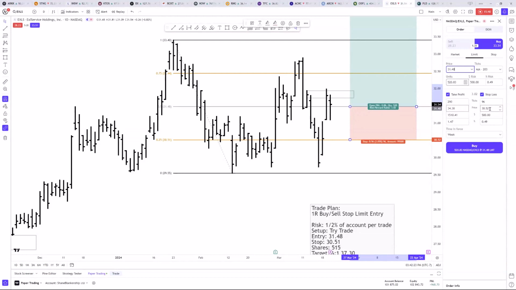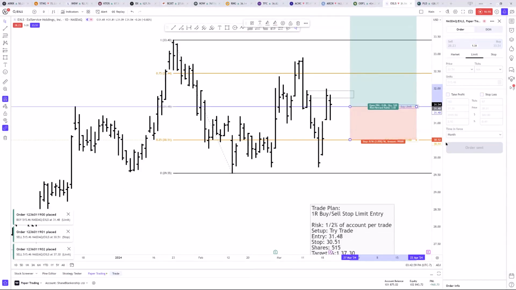So it's going to be 30.51. So let's just tighten this up to 51. The target is going to be 37.30. The entry is going to be a limit at 31.48. And we're risking 0.5%, which is going to be $500. And that should give us 515. Okay, so we'll just kind of double check everything here. And orders away.